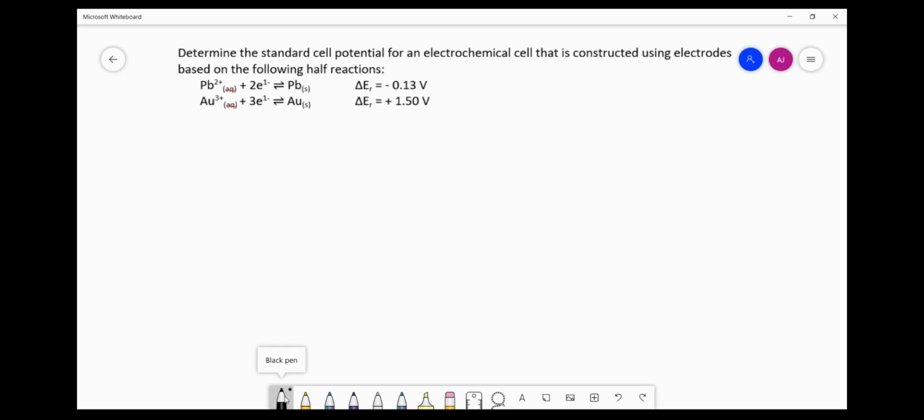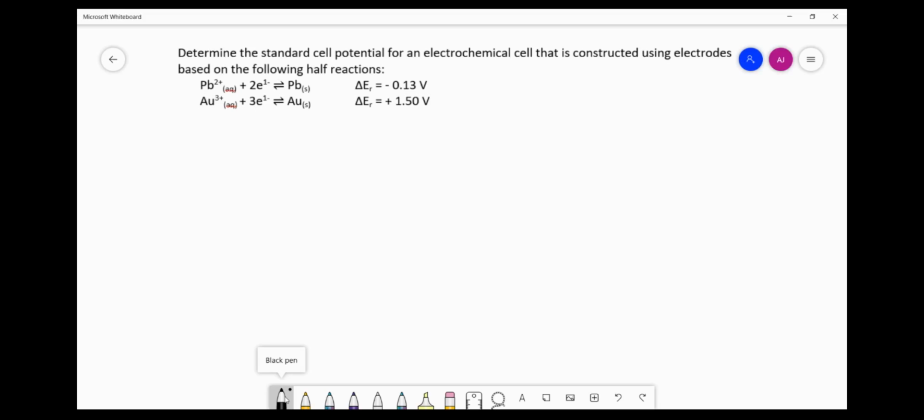The reason for that is whether a reaction is going to be an oxidation or a reduction depends entirely on what that specific reaction is paired with. So in order to standardize everything, we just always list things as reduction reactions and then determine, based upon the energy values, which direction the reaction will go in.